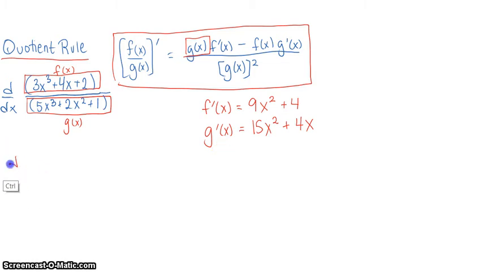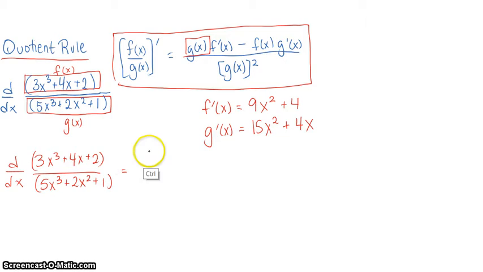So if I take the actual derivative of this whole thing, we're going to have on the top g of x, so the denominator first, and it gets multiplied by the derivative of f of x. So that's 9x squared plus 4. Then we subtract.